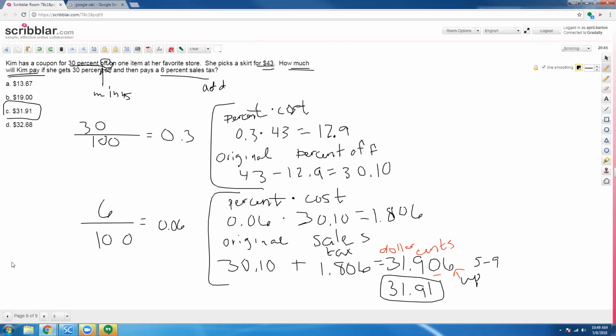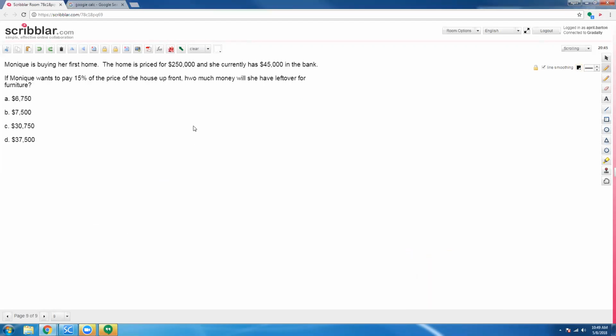So I have one more example problem for percents. Again, there's almost always multiple steps if they involve percents. So on this one, Monique is buying her first home. The home is priced for $250,000 and she currently has $45,000 in the bank, which is a lot of money to have saved up.